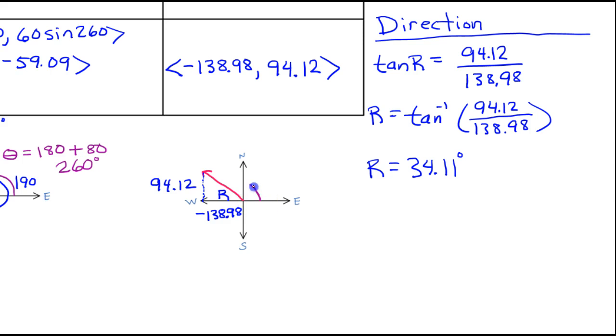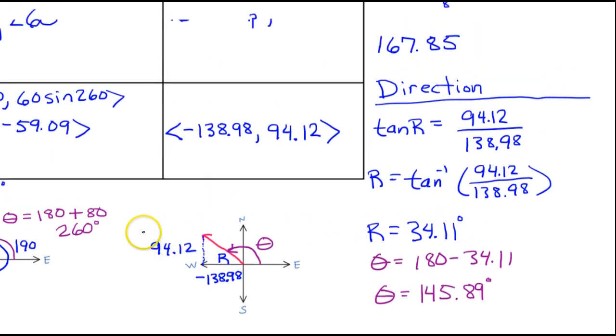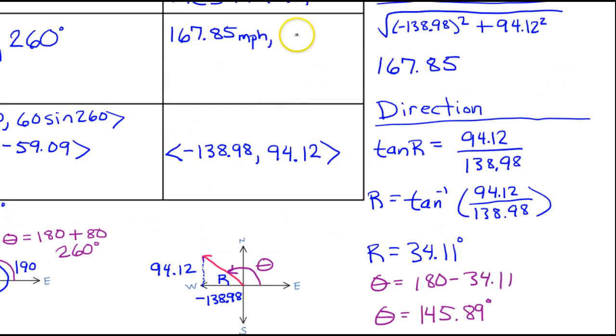So we need angle theta that goes like this. That's theta. And theta should equal 180 minus R. So 180 minus 34.11. So that's 145.89 degrees, and that goes on the chart.